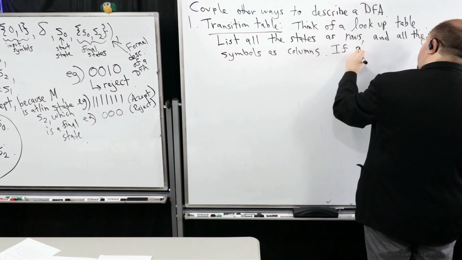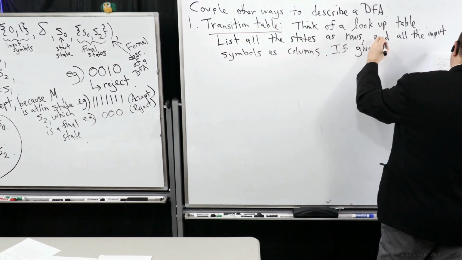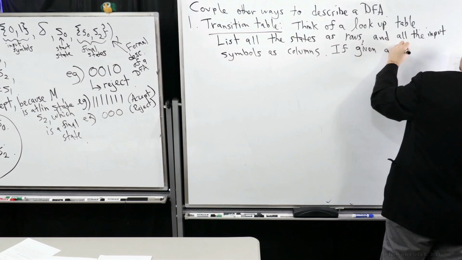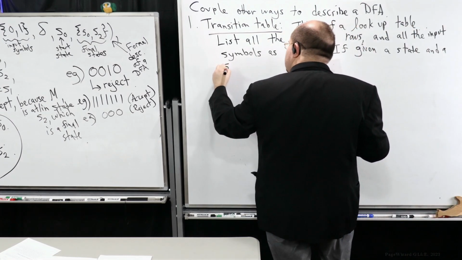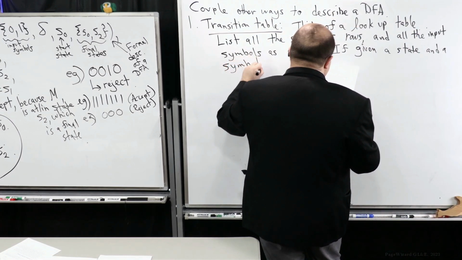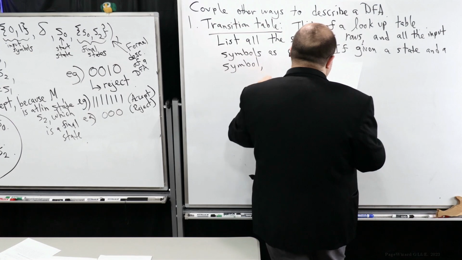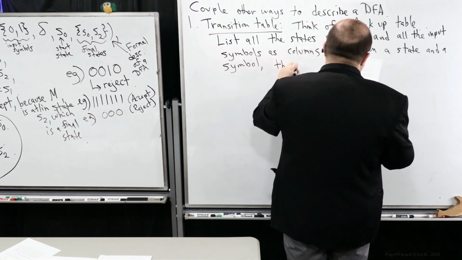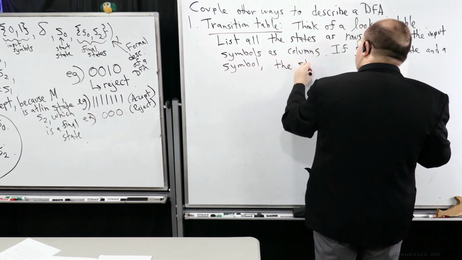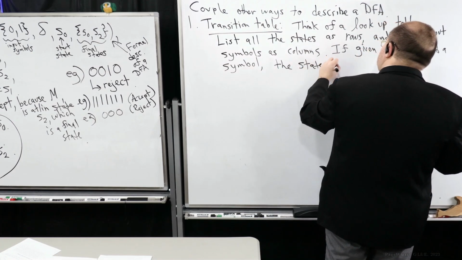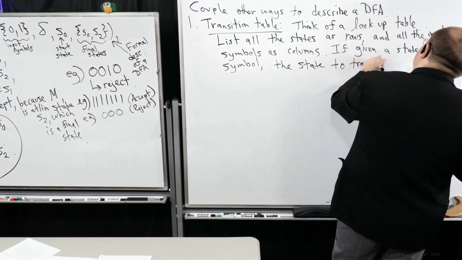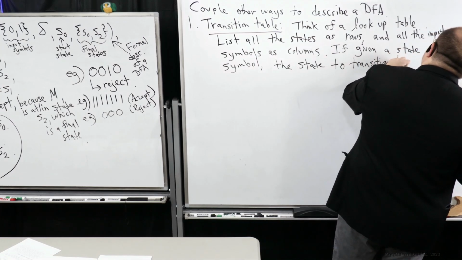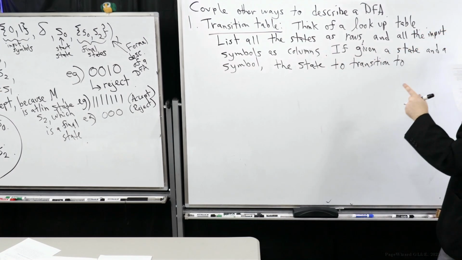Given a state and a symbol, where would the state to transition to be?